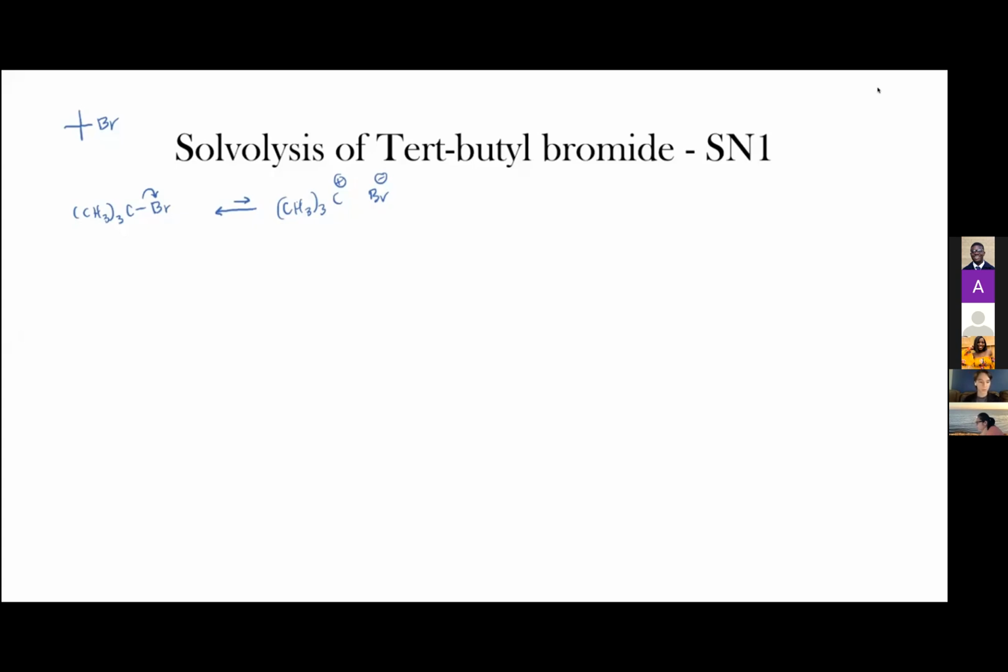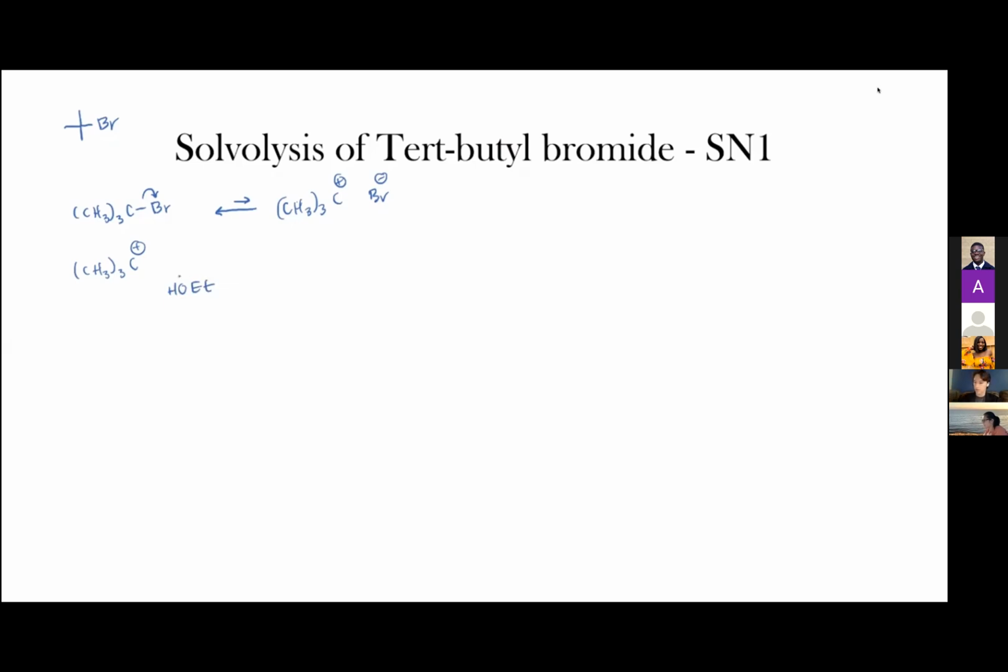So the next step is we have that carbocation. And for our solvent in this case, we're going to use EtOH, which is just ethanol. And this Et just stands for an ethyl group.